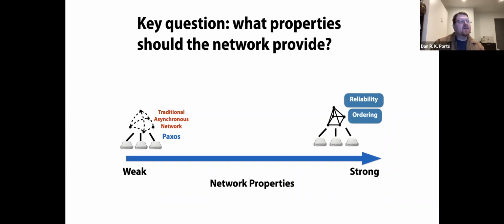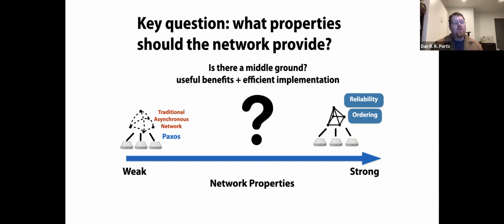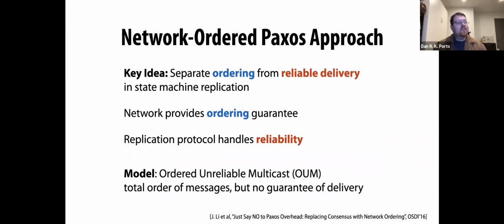So the question we're asking is, is this a zero-sum game, or is there a middle ground, something we could do that would provide performance benefits to applications and at the same time have an efficient implementation in network devices? Somewhat surprisingly, we found that there is, in a work called Network Ordered Paxos.